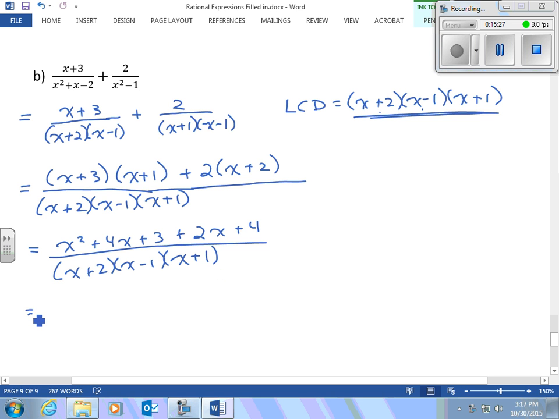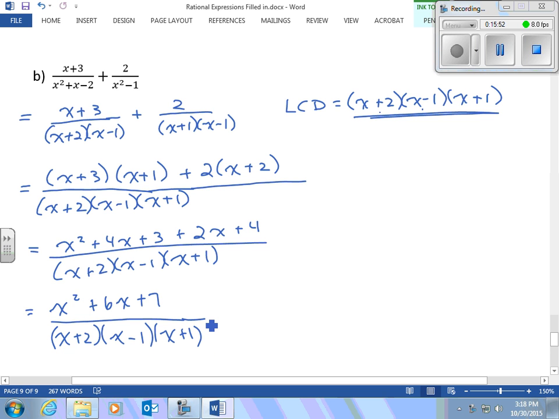So if you look at the numerator, and we'll just collect our like terms, I've got x squared plus 6x plus 7, all over x plus 2, x minus 1, x plus 1.